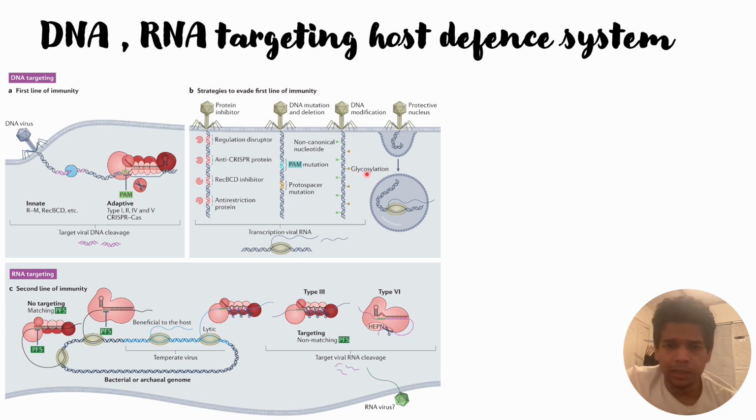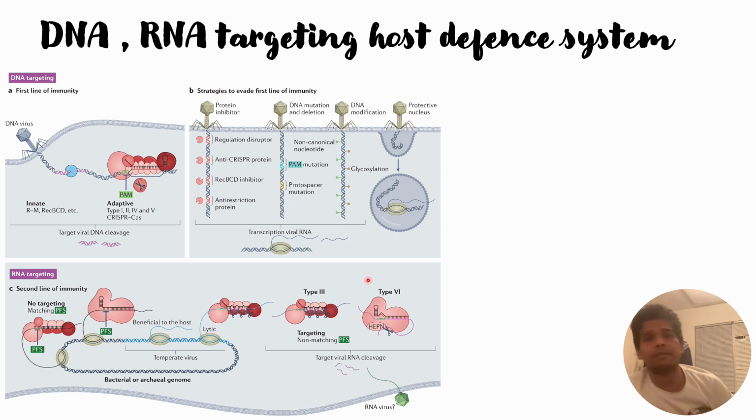Glycosylation acts as a physical barrier, where the first line of immune defense will not be able to interact with the PAM sequence of the foreign antibodies, and thus transcription of the viral genome will occur and the viral RNA will get transcribed.